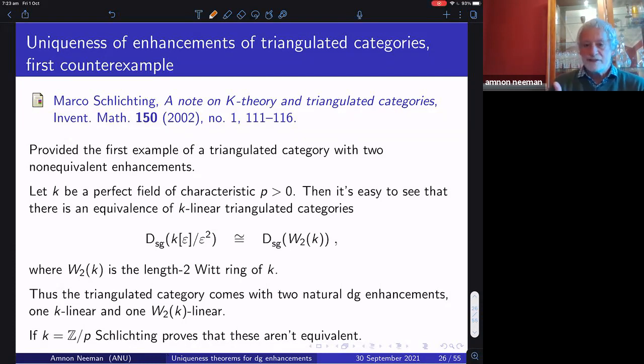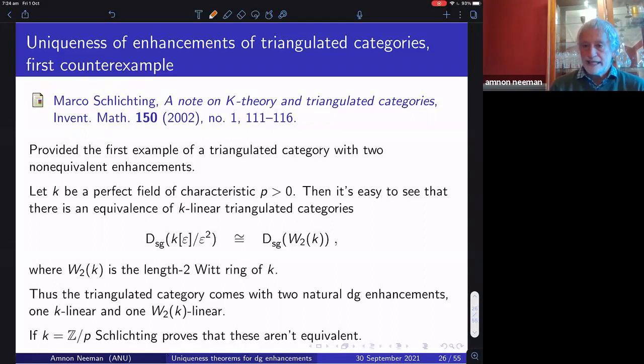Okay, I remind you, the singularity category is the bounded-derived category of coherent sheaves divided by the bounded-derived category of vector bundles. And you can do this for the dual numbers over the field. You can do it for the length 2 Witt vectors over the field. And the two singularity categories are equivalent K-linear triangulated categories.